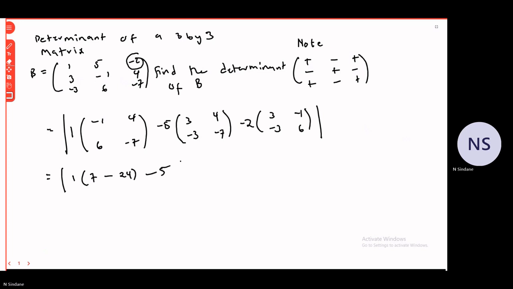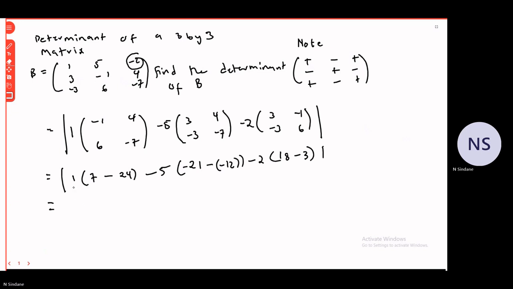Minus 5 into, this is minus 21, then minus 12. Minus 2 into 18 minus 3, right?